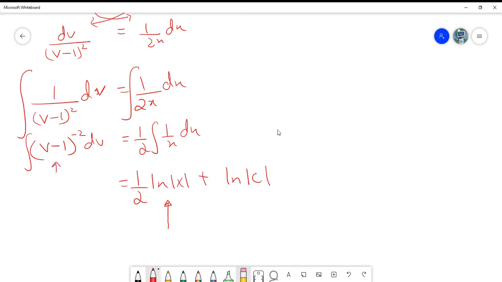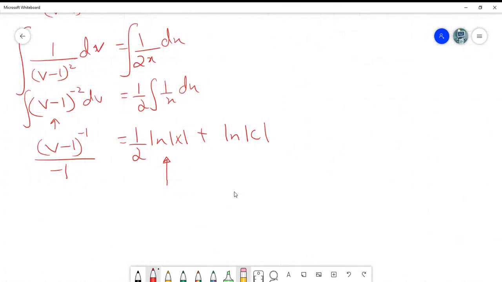And integrating this side is pretty straightforward, so it'll become v minus 1 to the power of minus 1 divided by minus 1, just like normal integration works. Now this can be written as minus 1 over v minus 1. So I've just taken the negative power and I've written it in the denominator.